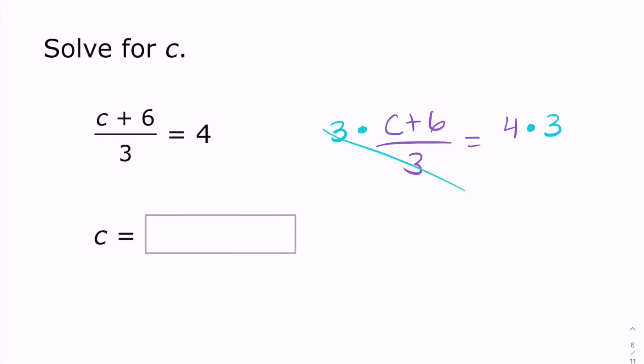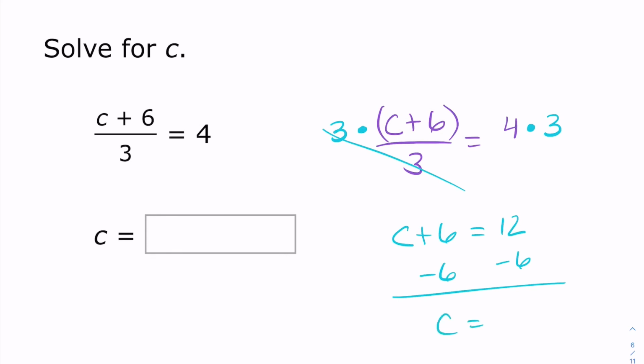I had c plus 6 over 3, and I'm multiplying both sides by 3. 3 divided by 3 is 1. That leaves me with c plus 6 equals 12. Whatever you do to one side, you have to do to the other. And so now I'm going to take away 6 and take away 6, and I get c equals 6.